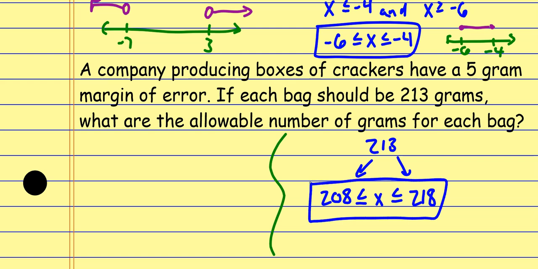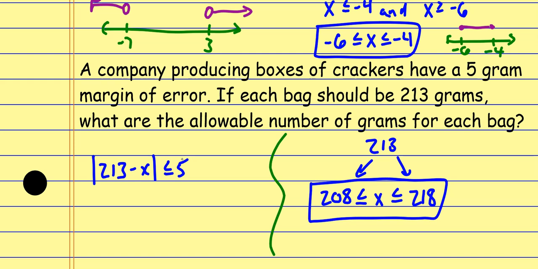If it asks us to write an absolute value inequality, and again, I just want to show you where the practical application of this comes from, we'd be looking at this saying, hey, you know what? The 213 minus x, the absolute value of that has to be less than or equal to a 5.